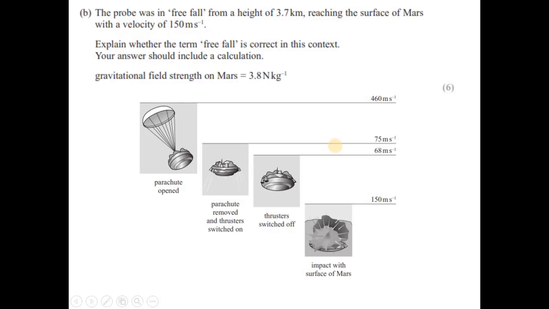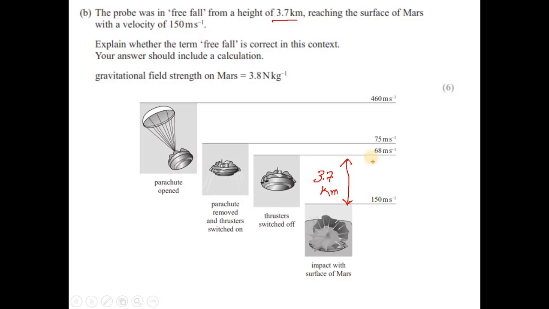Now, if you see the situation, what is going on here? They are saying that the probe was in free fall for, so they are talking about this last interval. This interval is 3.7 kilometer, in which you have change in velocity from 68 to 150. That means it is accelerating, speeding up.